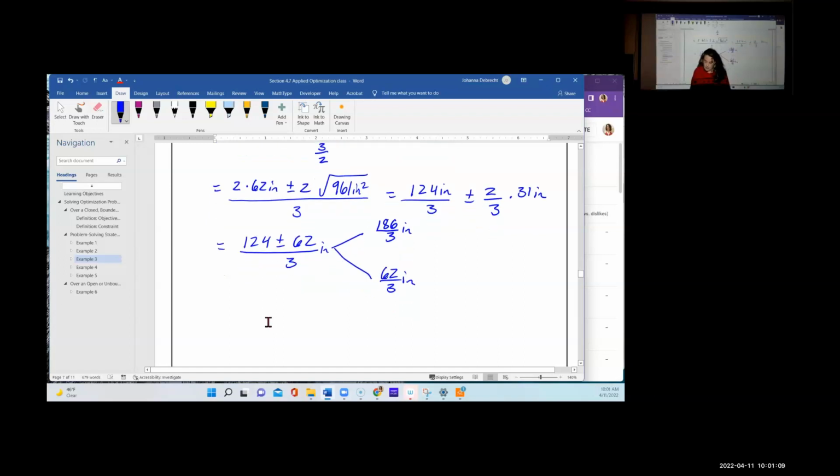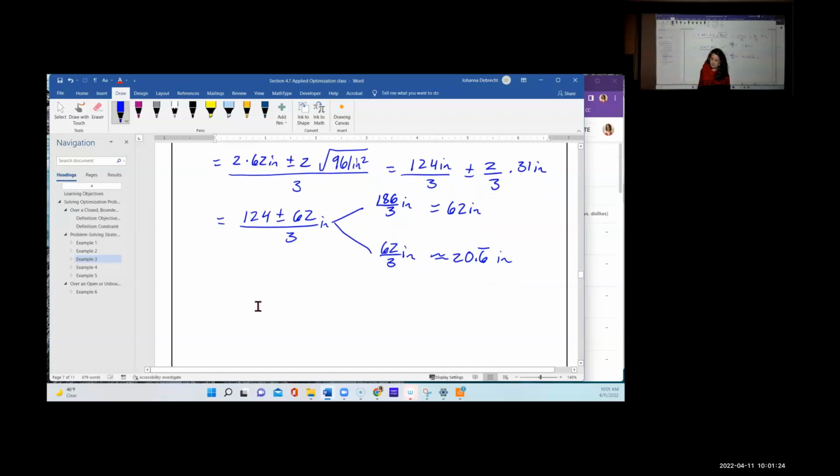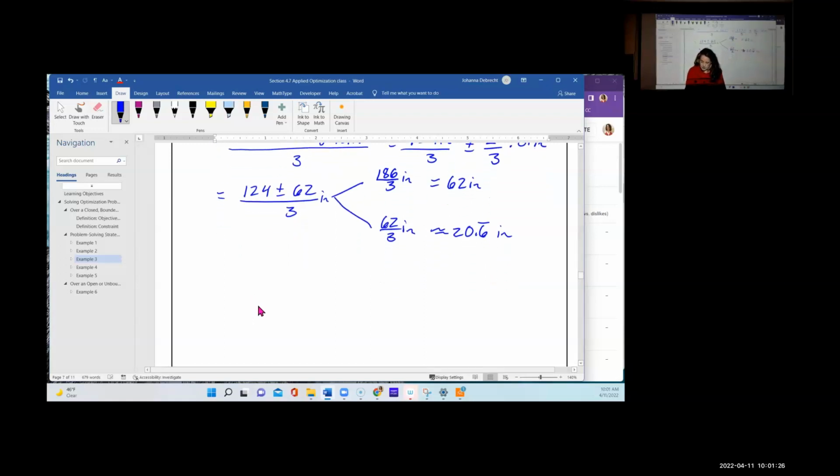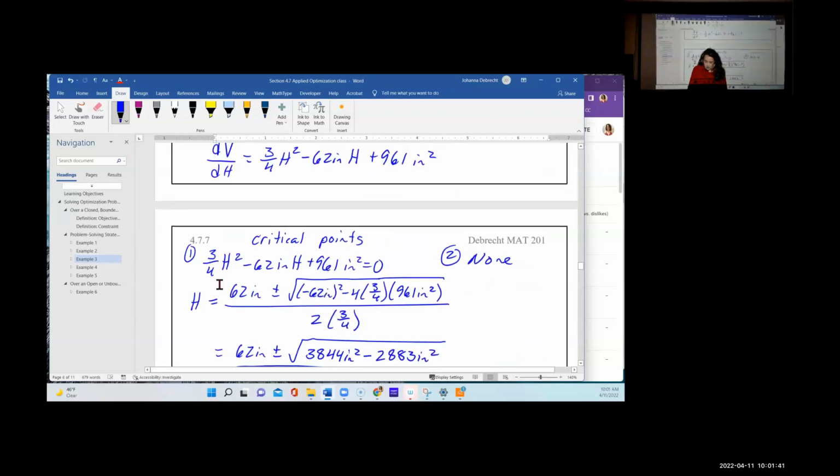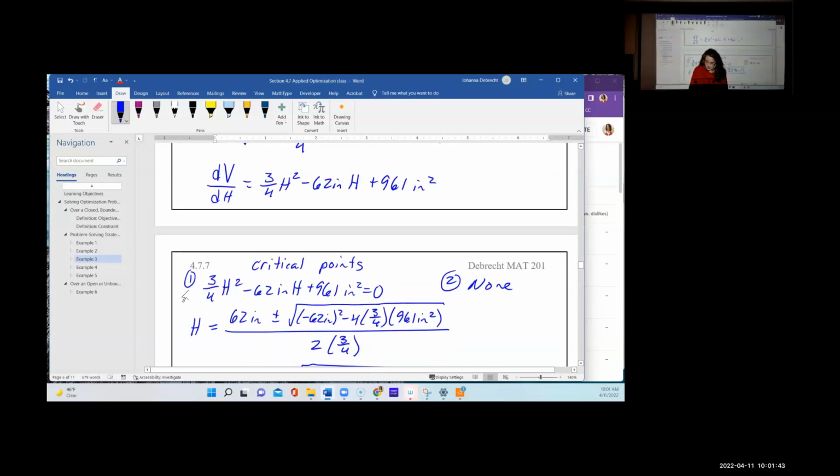Okay. Now 186/3 reduces to 62 inches, and 62/3 is 20.6 repeating inches, which is exact, so I don't need the squiggly equals. Using the bar makes it exact. Okay. Now we could do the first derivative test or we can do the second derivative test. Our first derivative is this right here.